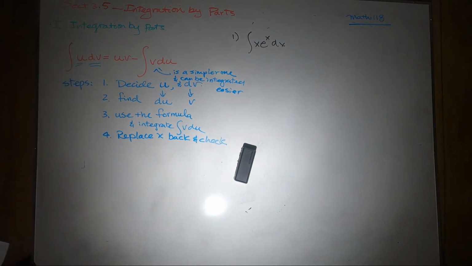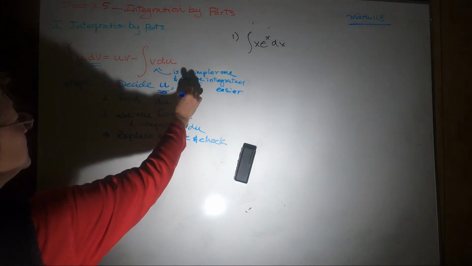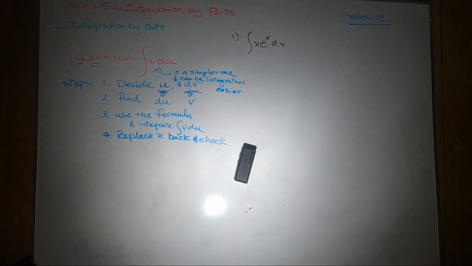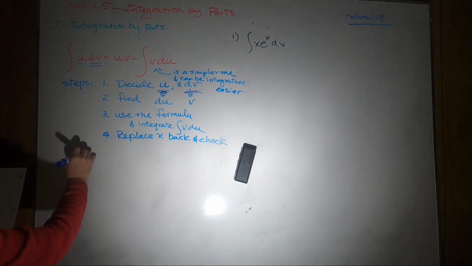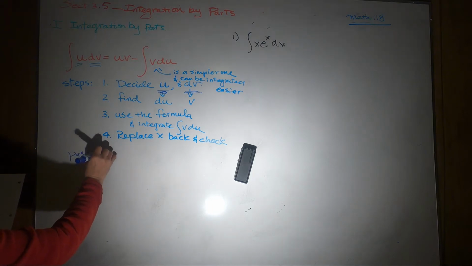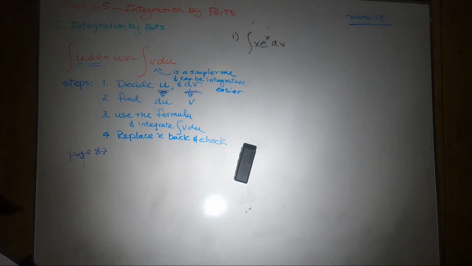All right, and the rule of thumb to decide u and dv. How can we decide? That would be on your page 87, okay, rule of thumb, but not always, okay?